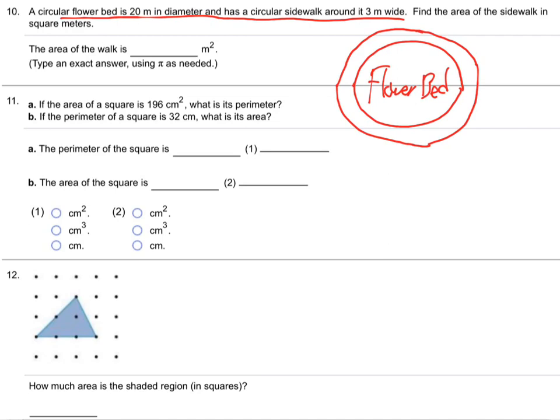Now, it says that the diameter of the circular flower bed is 20 meters. Remember, diameter is all the way across. So that's 20. For all the area formulas for circles, we need the radius. So let's change it to halfway. If 20 is all the way across, then 10 must be halfway across.